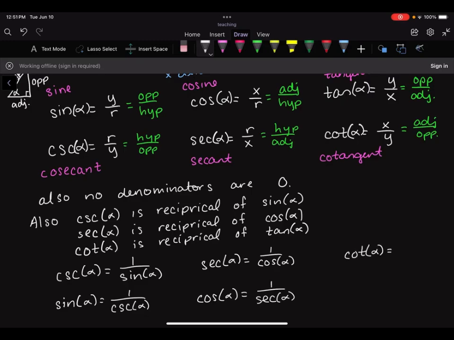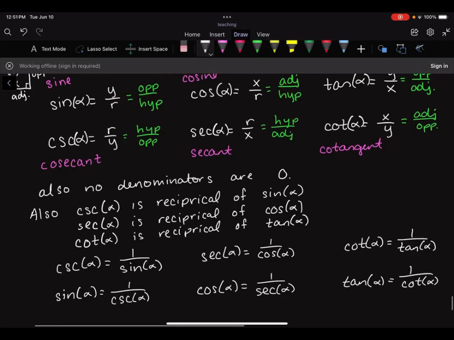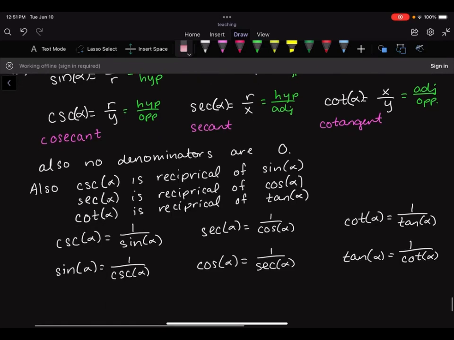Cotangent is equal to 1 over tangent alpha, and I could also write it the opposite way. So this is what it means to be the reciprocal. Sometimes we'll need to use these relationships that I just wrote. Sometimes we'll use these up here. It really just depends on what we're doing, what the problem is and stuff like that.